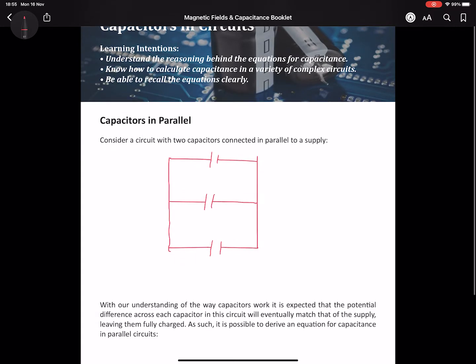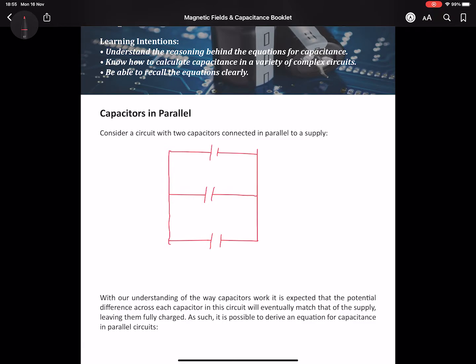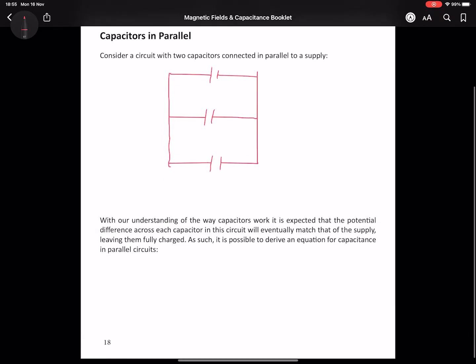Now, what we can understand is that in a basic parallel circuit, the potential difference across each branch will be the same as the potential difference provided by the supply. So whatever the voltage of the cell is in this case, will be the same voltage that will build up across the capacitor on the first branch and the second branch and any subsequent branches that you decide to add.